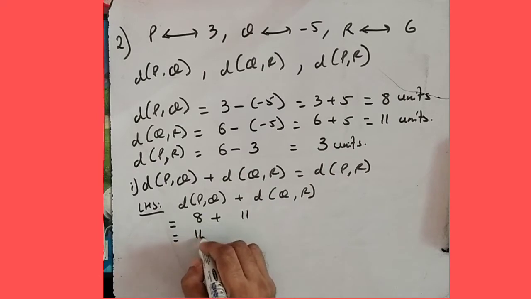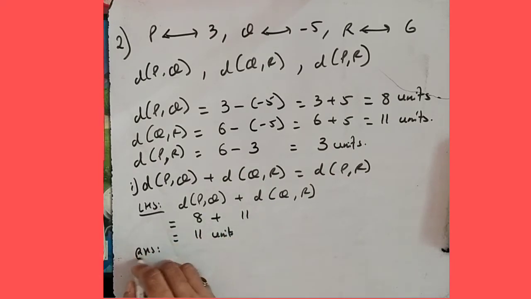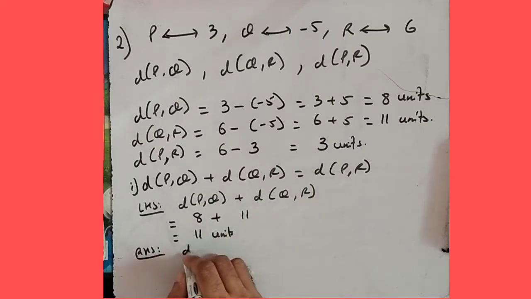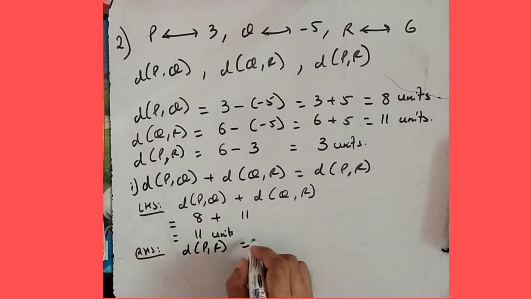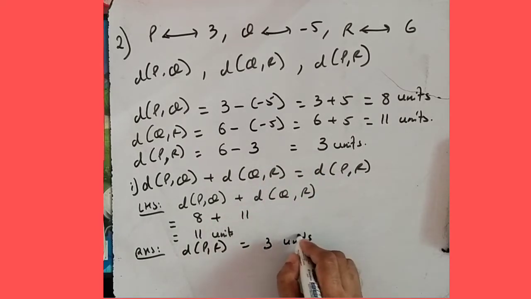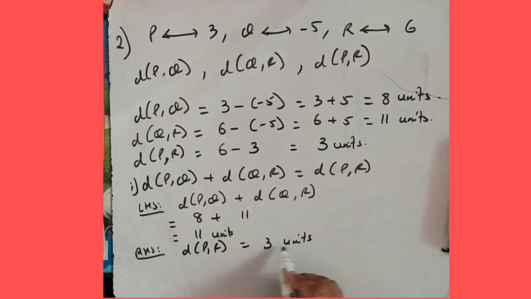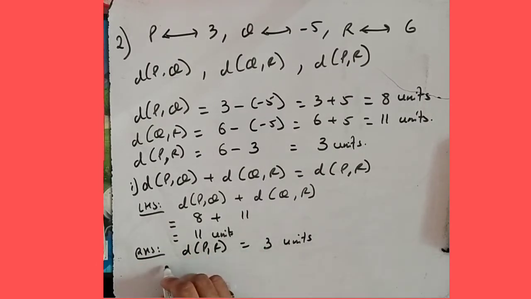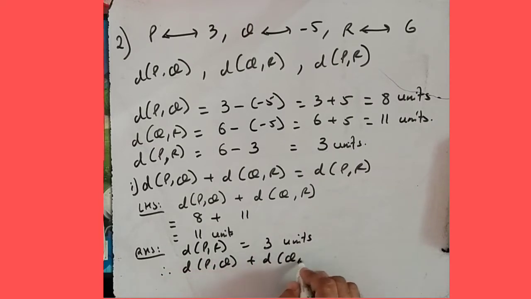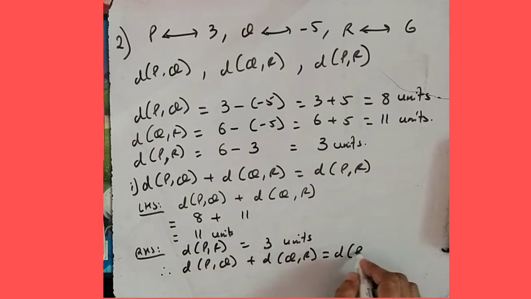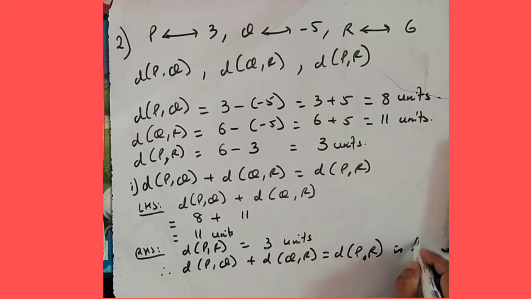So we got 19 units. Now let us solve RHS. RHS is distance PR, and the answer is 3 units. So LHS is 19 units, RHS is 3 units. Therefore, distance PQ plus distance QR is equal to distance PR is false.